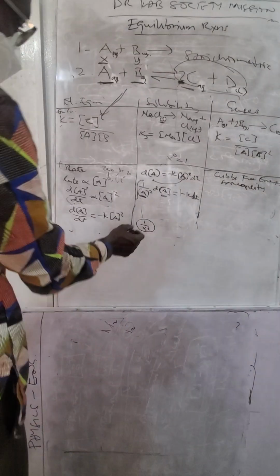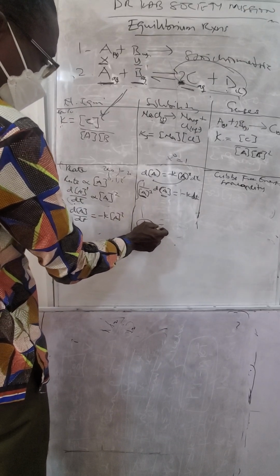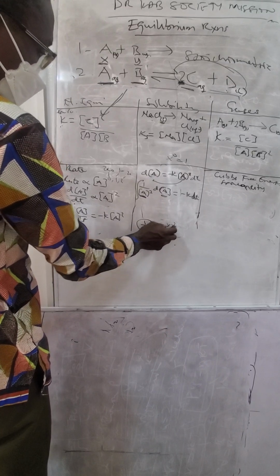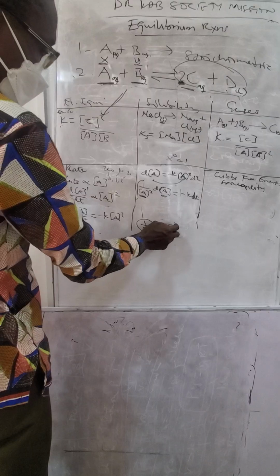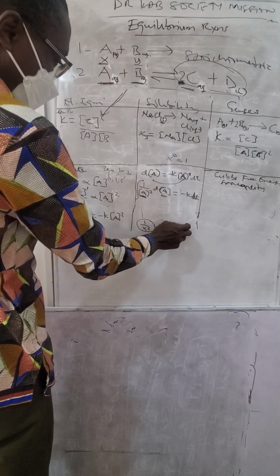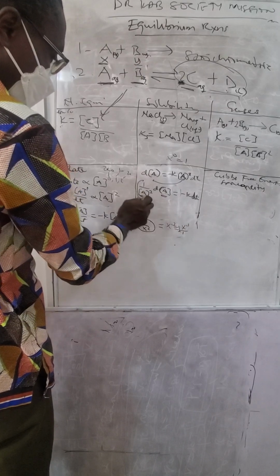This can be written as x to the power negative 2, and you can integrate this one easily. If you integrate, you just add 1 to the power, it will become x to the power minus 1, then divide by what you got, minus 1. So you see that this is going to become what?